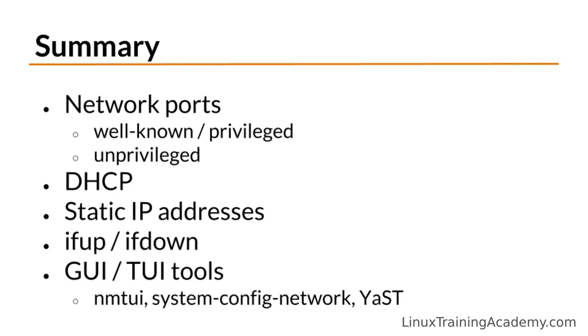You learned how to configure Linux servers to use DHCP to obtain their networking information and how to assign static IP addresses as well. You learned that the ifup and ifdown scripts are available on many Linux distributions and that they can be used to easily bring up or down a network interface. Finally, you learned about GUI and TUI tools that you can use to configure the networking settings on a Linux server.